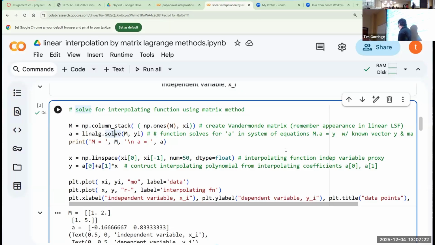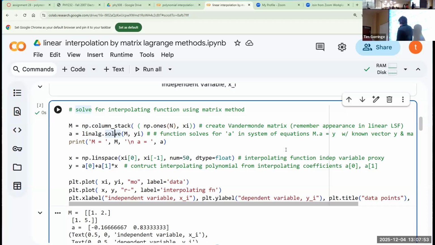But the solution would be to call the same function here, now with a 3x3 matrix and a 3-element vector, and it would return a vector of coefficients that has 3 elements. And if I had 4 data points, I would construct the Vandermonde matrix in the same way, but with 4 columns: x to the 0, x to the 1, x squared, x cubed.